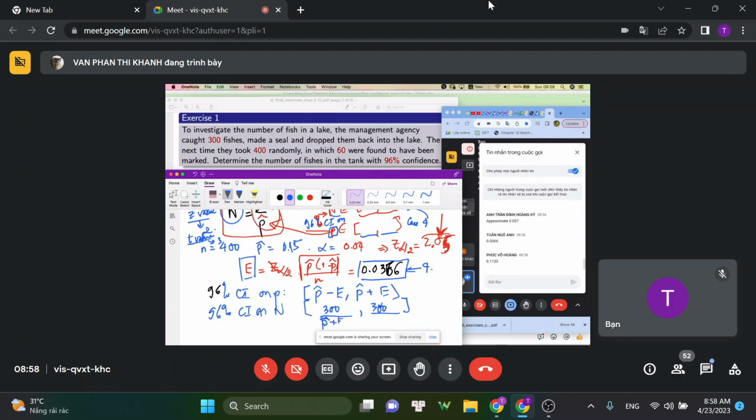Yes, because if the denominator is greater, our number will be smaller, right? So you have to find it. Please, p hat plus E, p hat minus E. Tell me your answer.